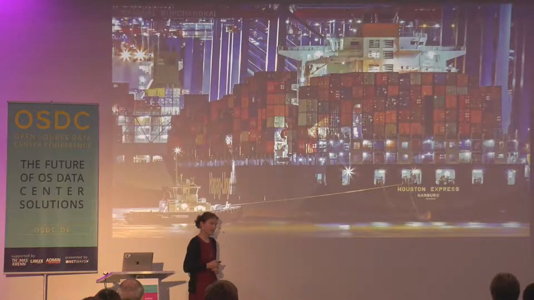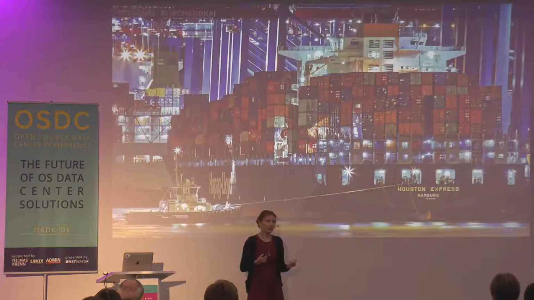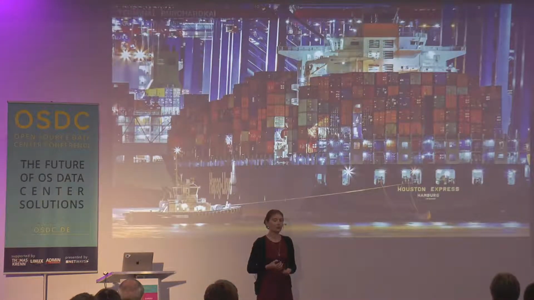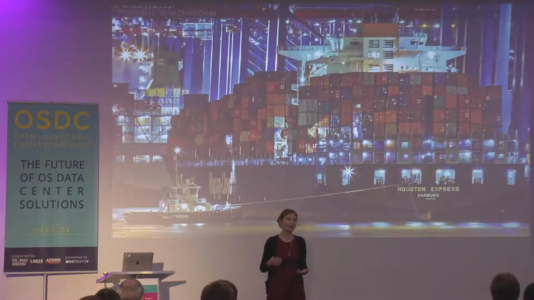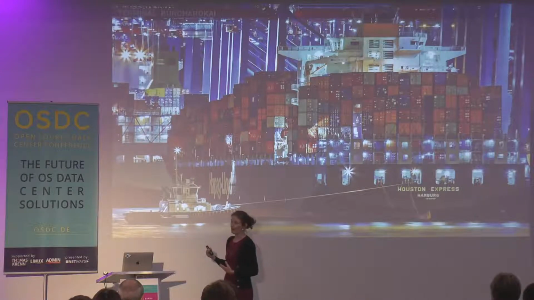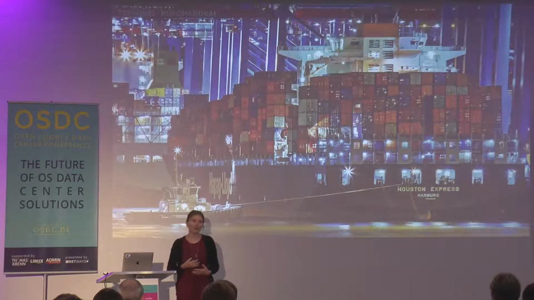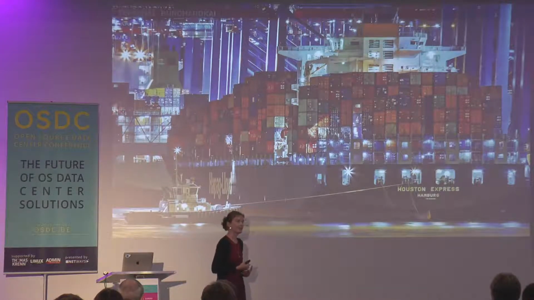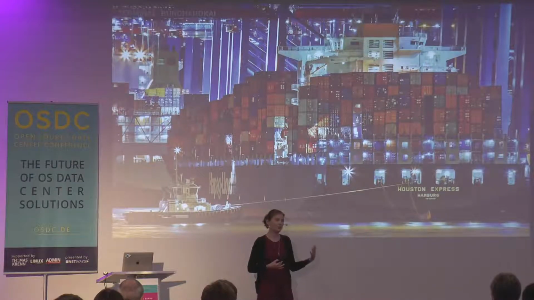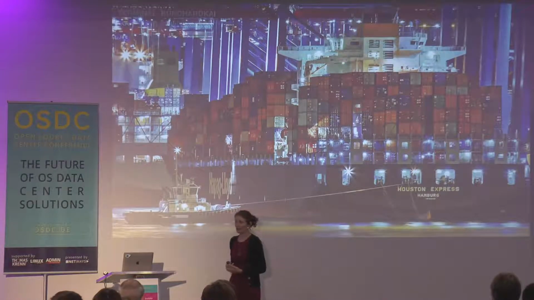Another problem is scalability. In Kubernetes, it's common to run thousands of services, and when you scale, the number of services grows. So you need a monitoring solution that is also able to scale together with your infrastructure.